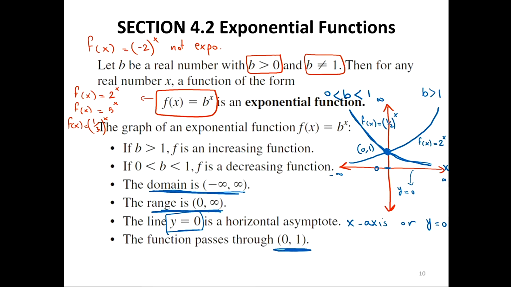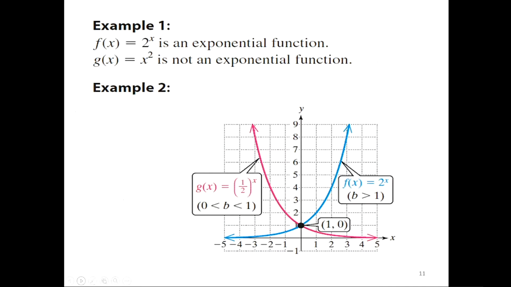The exponential function also passes through (0, 1). This is the graph, for example, for f of x equal 2 to the power x if b is greater than 1, or decreasing if b is between 0 and 1, for example, half to the power x.